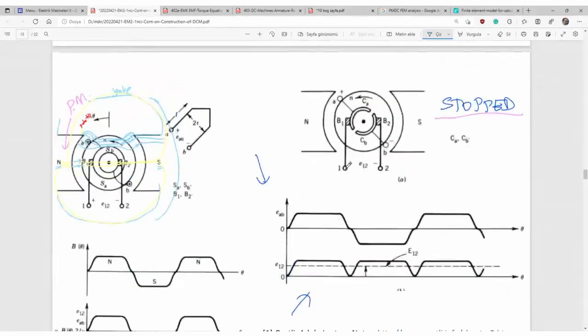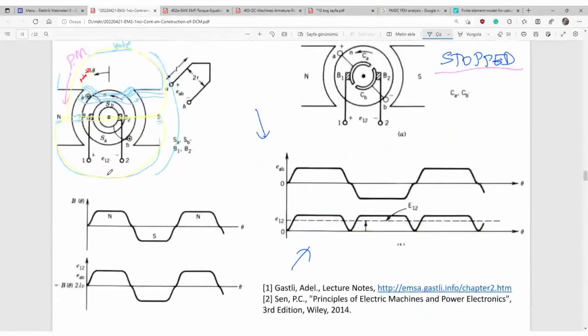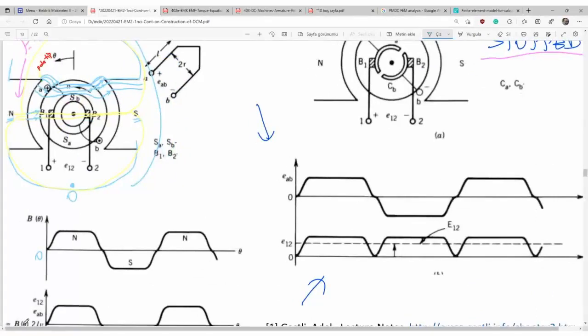Okay? And then, what does Mustafa mean? Mustafa means that if you start here, let's say at the zero point, and move along positive theta, first you come to the midpoint of N, then the middle of S, and then the starting point.